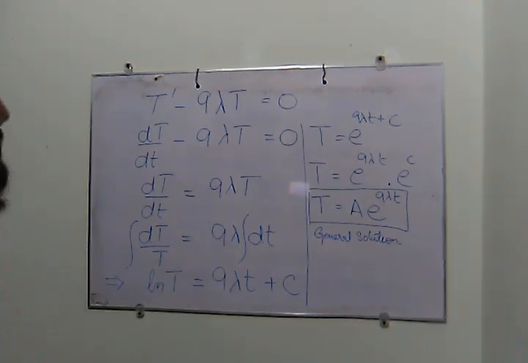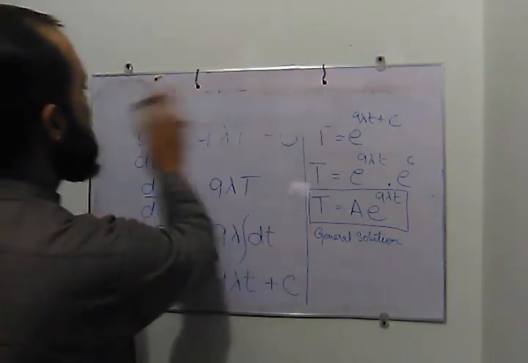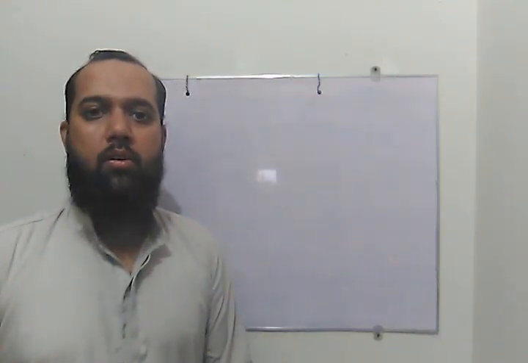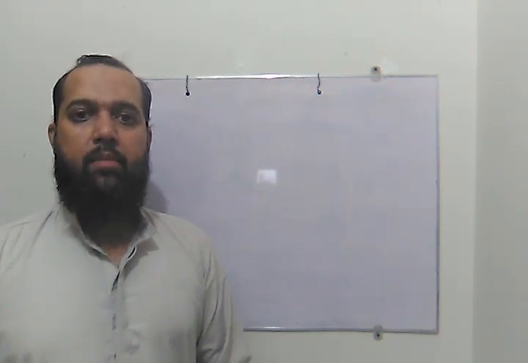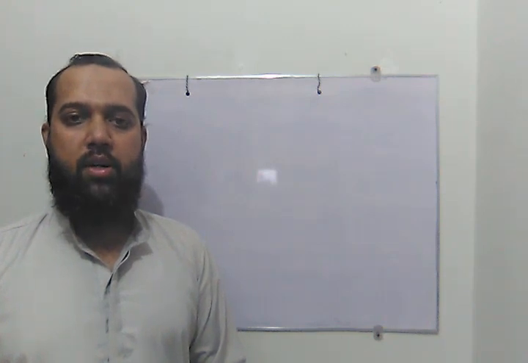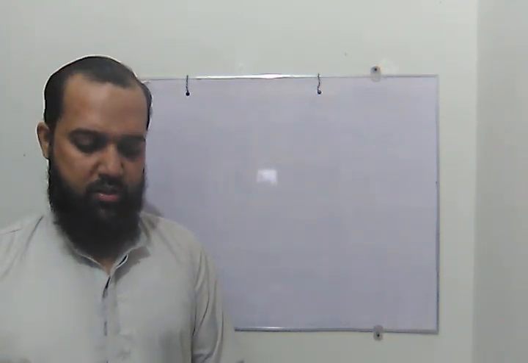Okay, so this is the important differential equation we need to know how to solve. Now, in order to apply the method of separation of variables, we must know two important differential equations and their solutions.